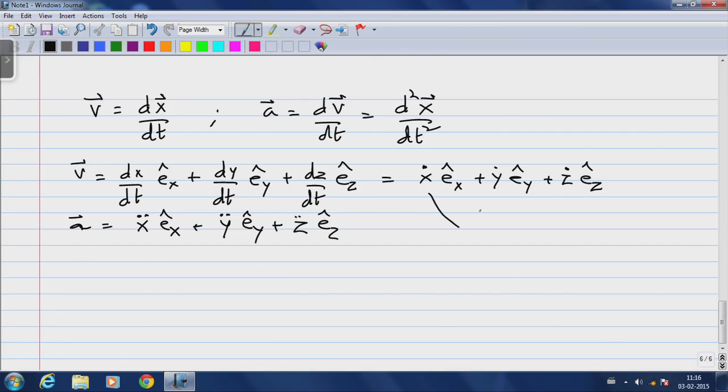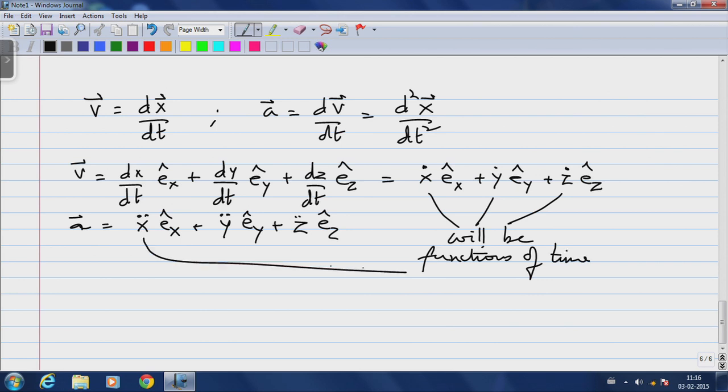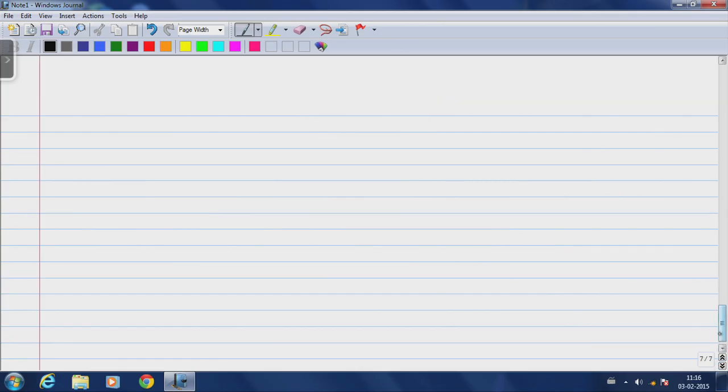Notice that these three functions x dot, y dot and z dot will be functions of time. Likewise, the x double dot, y double dot and z double dot will also be functions of time. So, this completes our discussion where we choose time as the independent coordinate.